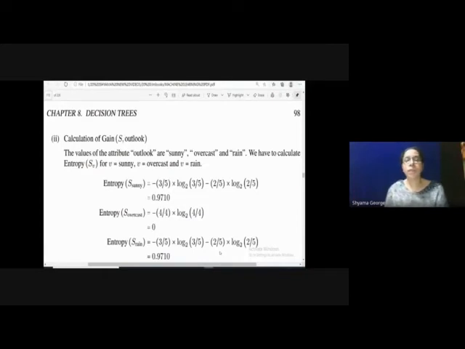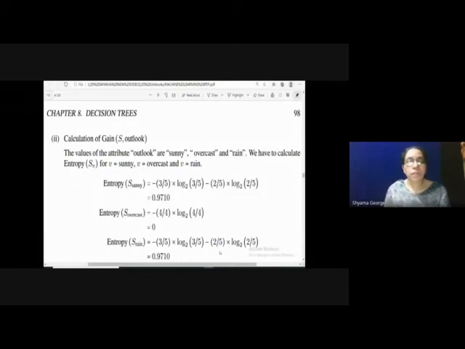Consider entropy of sunny. Out of the 14 records, there are 5 records with the value sunny, in which 3 are in one class and 2 are in the other class. So the entropy of sunny is minus 3 by 5 log 2 to the base 3 by 5, minus 2 by 5 into log 2 to the base 2 by 5, which is equal to 0.9710.